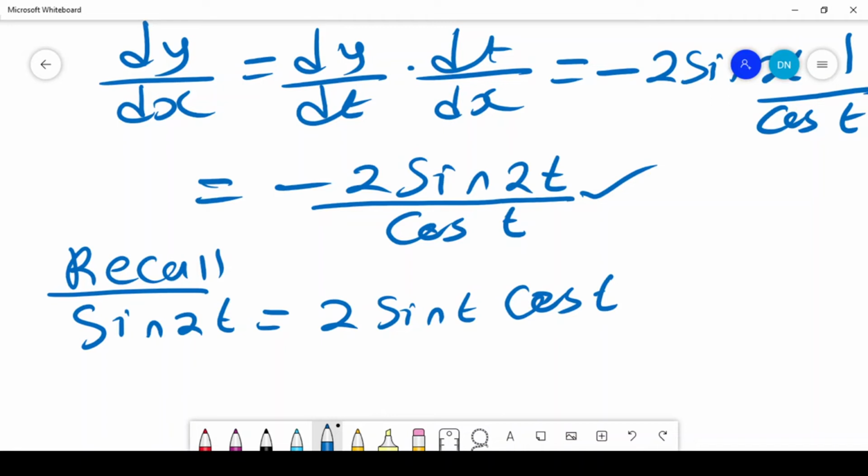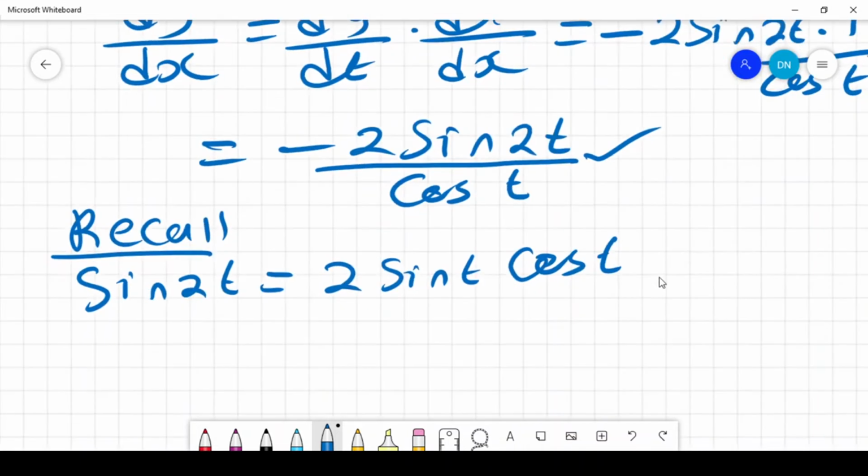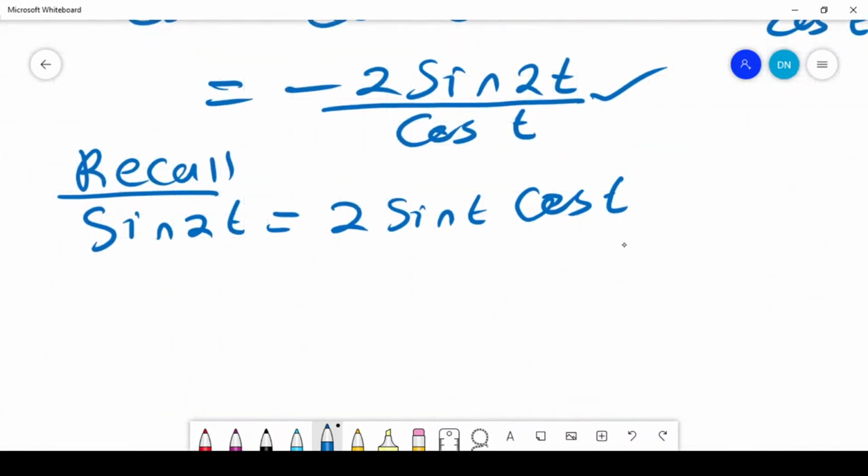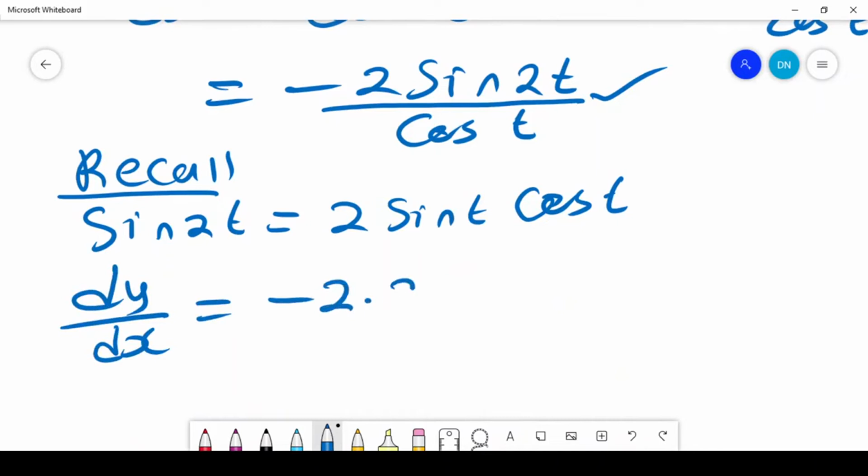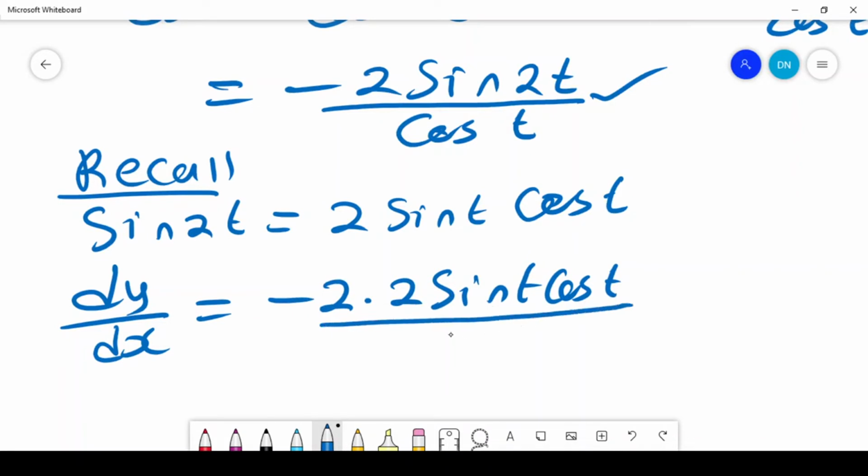And so if I write that based on the double angle identity, then dy/dx can be written as negative 2 times 2 sine t cos t all over cos of t, which will give me negative 4 sine t. And that will give me the final solution.